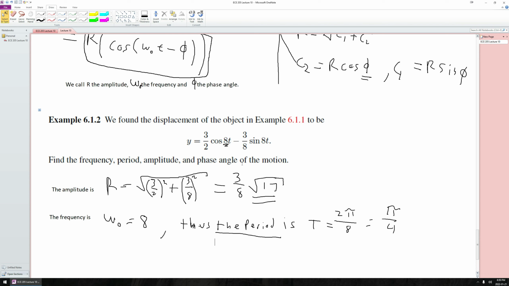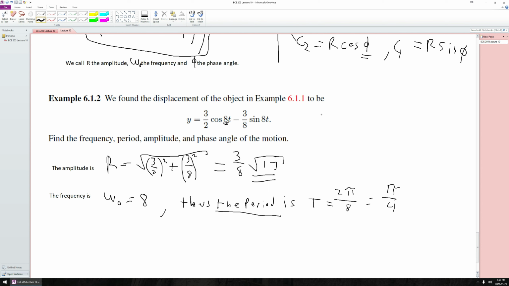So we have options for how to compute the phase angle. I could use this term here, I could use this term here, or I could put them together and use tangent. So let's just use the tangent one just to show you something that's different from the book. So here I could simply say, to find the phase angle, we note, and what are we going to note?